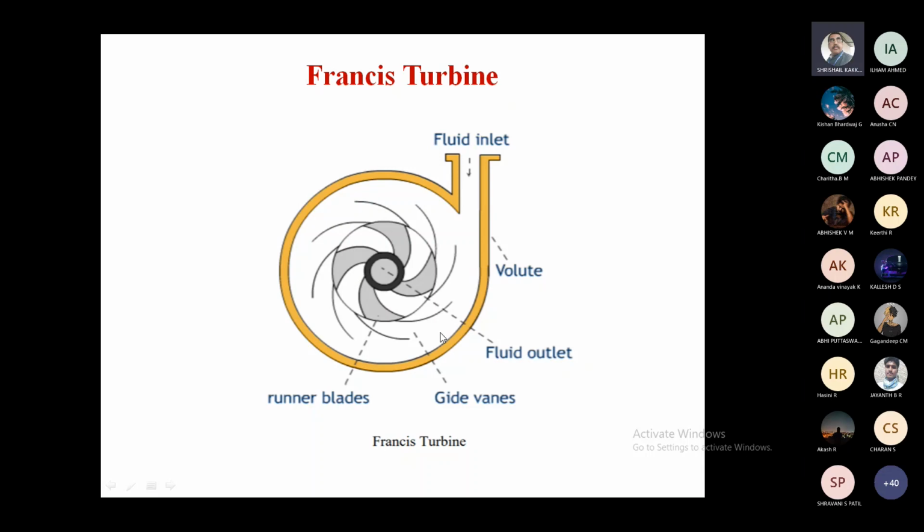Now these fixed vanes, the guide vanes, what do they do? In the previous case, as with the Pelton turbine, we had an individual nozzle, but here all of these act like a nozzle.